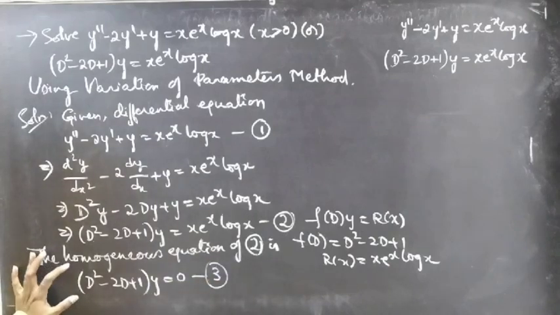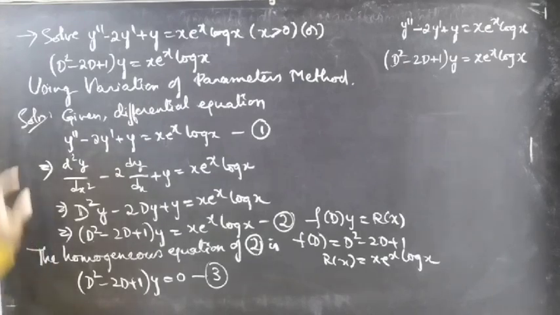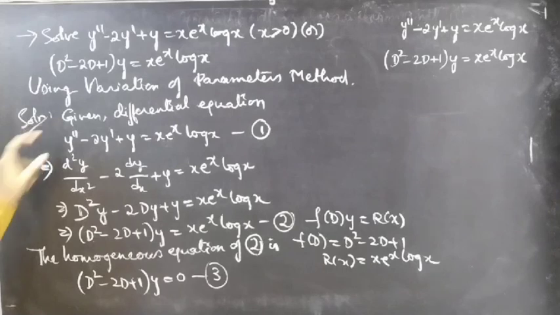Now we'll find the solution to this equation using the auxiliary equation, and later we'll find the general solution of 1 and 2 using the solution of the homogeneous equation. Now coming to the auxiliary equation.